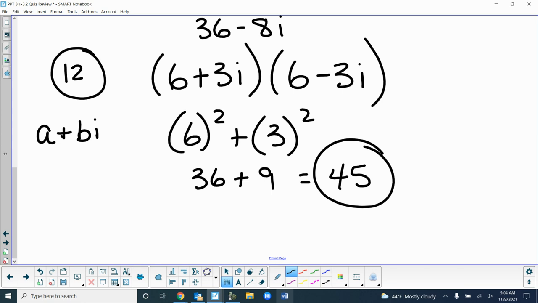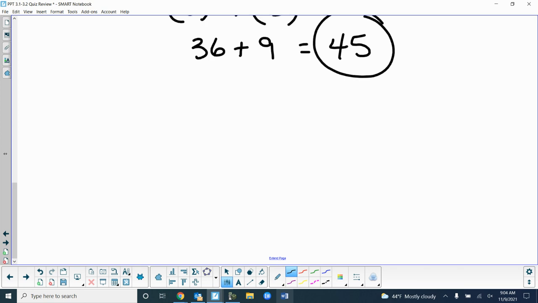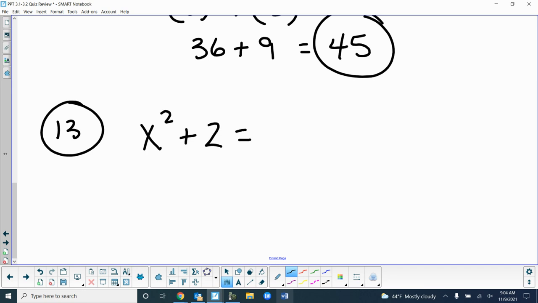And then 13, the last one, it's basic. It's just like number 7, right? Except what kind of radical do we get? What are we going to do?